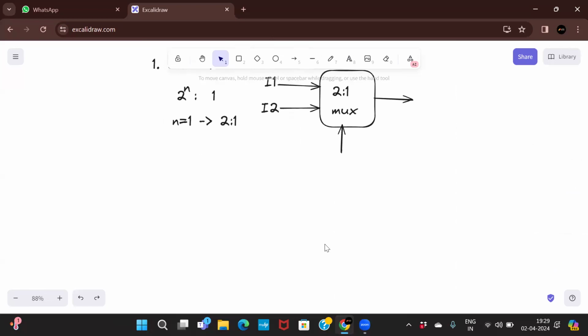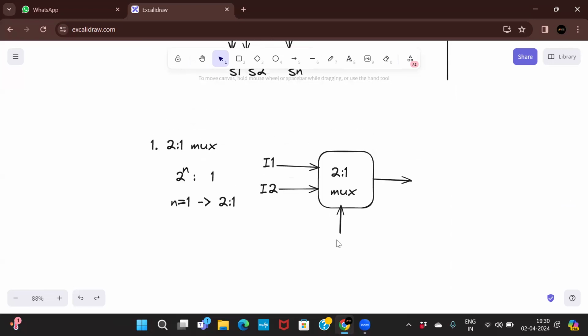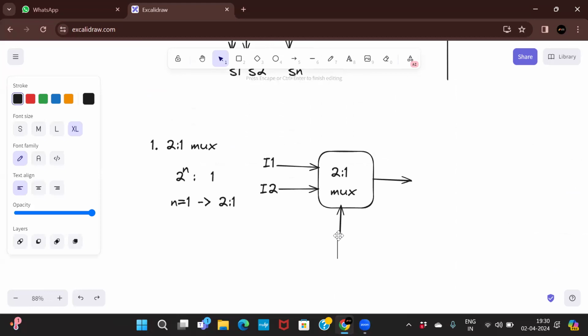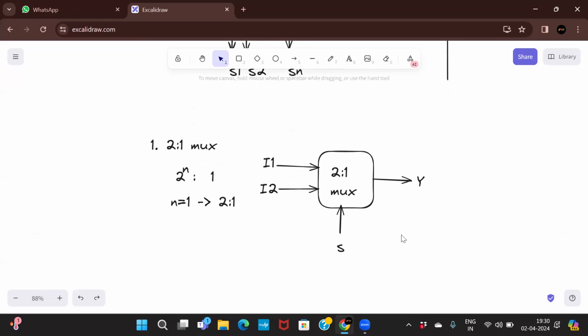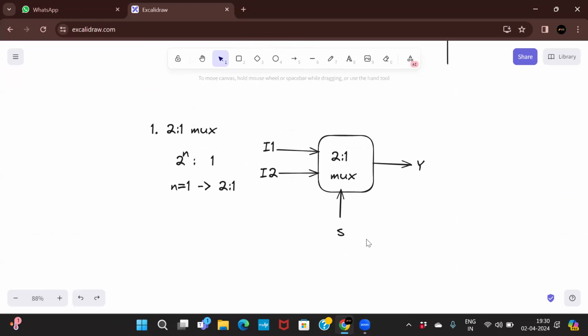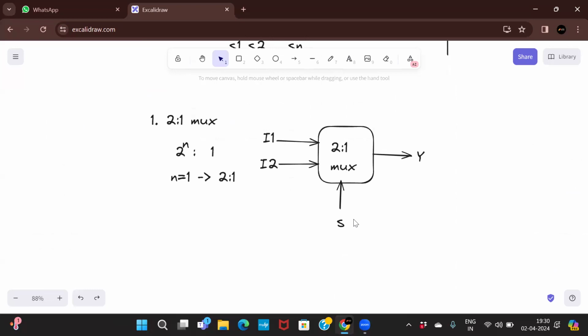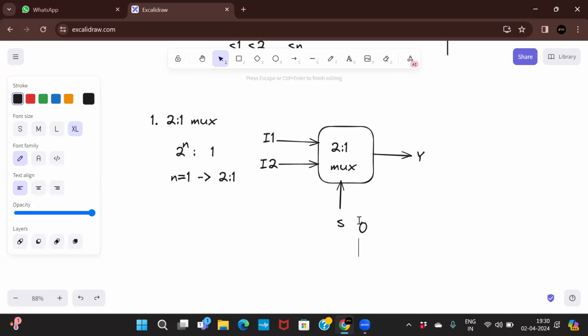What is the value of n? Yes, so we need one select line, S. And consider the output. Here we have n equals 1, so the combinations are 0 and 1. For 0, you can write S bar, right?